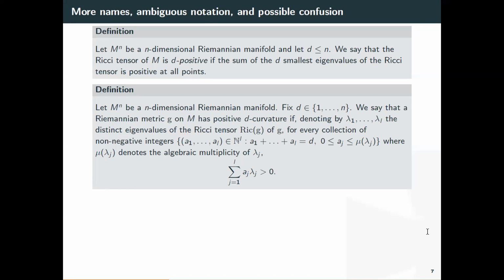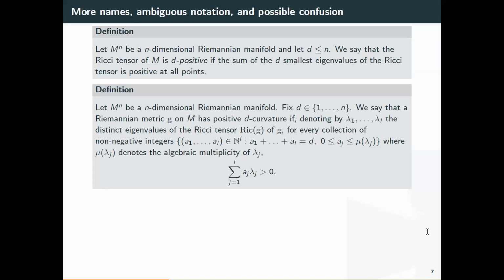So the point is that we are taking all the possible combinations of the Ricci tensor eigenvalues at every point with different weights. Not only the sum of the D smallest ones, but every possible combination that yields D. And if this quantity is positive, we say that we have D-positive Ricci curvature, positive D curvature.